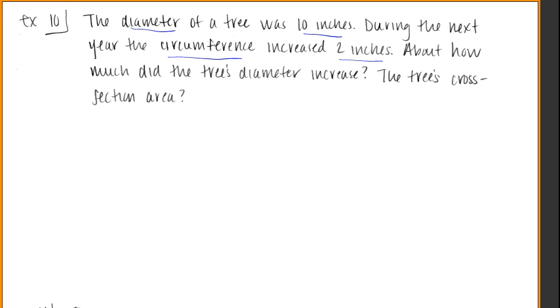So again, just looking back at that problem, just reading through it one more time, but really understanding what it was saying. Okay, so let's start this problem out. We know that circumference for a circle is pi times d. But since the problem asks us how much did the tree's diameter change, or how much did it increase, we don't really want to solve this for c, we want to have it solved for d.